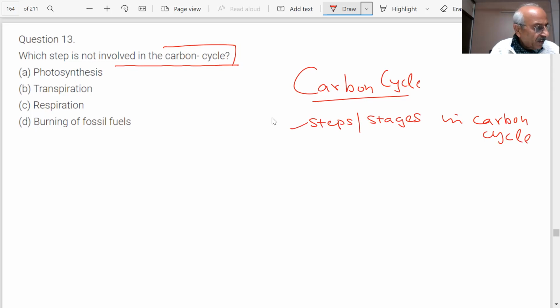What are the steps which we discussed in the carbon cycle? How does the carbon cycle take place? How is the carbon amount fixed? The processes are respiration, decomposition.